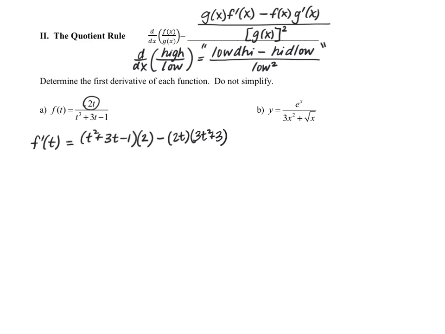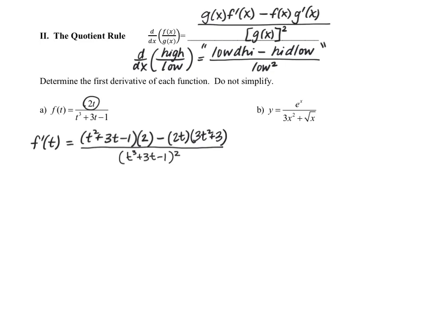So that's low d high minus high d low all over low squared. So that's t cubed plus 3t minus 1 squared. And again, we could do a lot of simplifying here, but I don't even want to bother with that right now. I just want you to practice using the quotient rule.